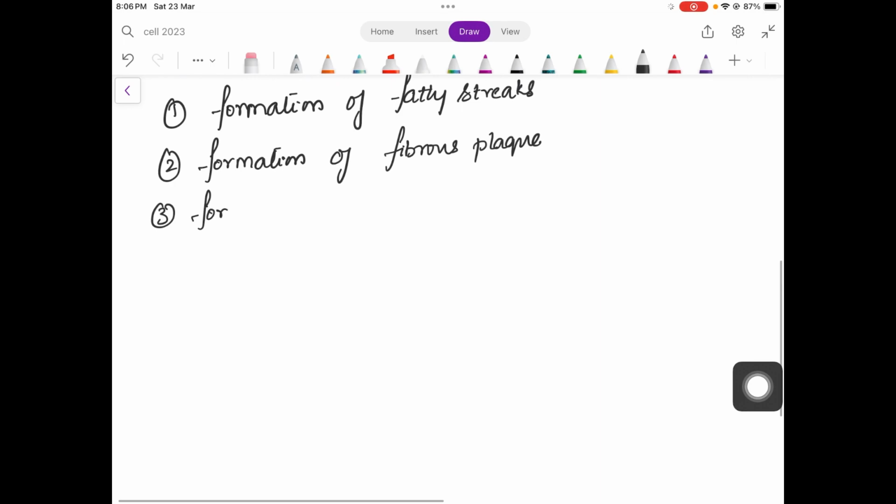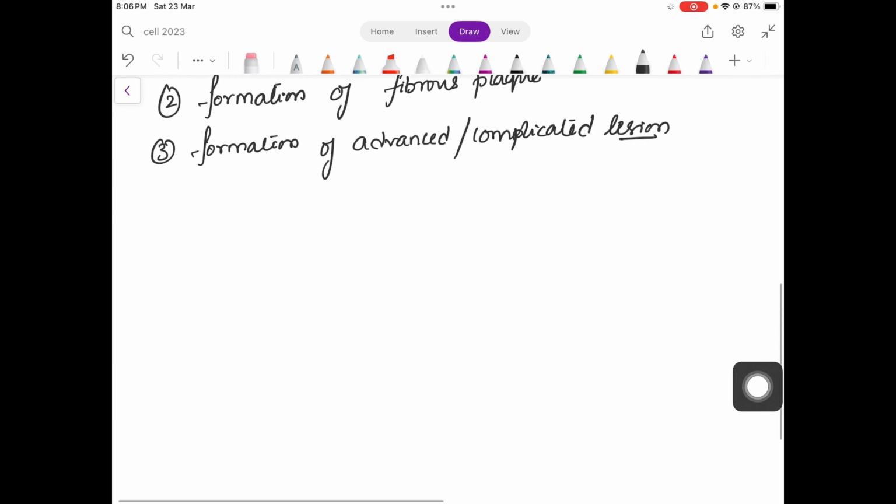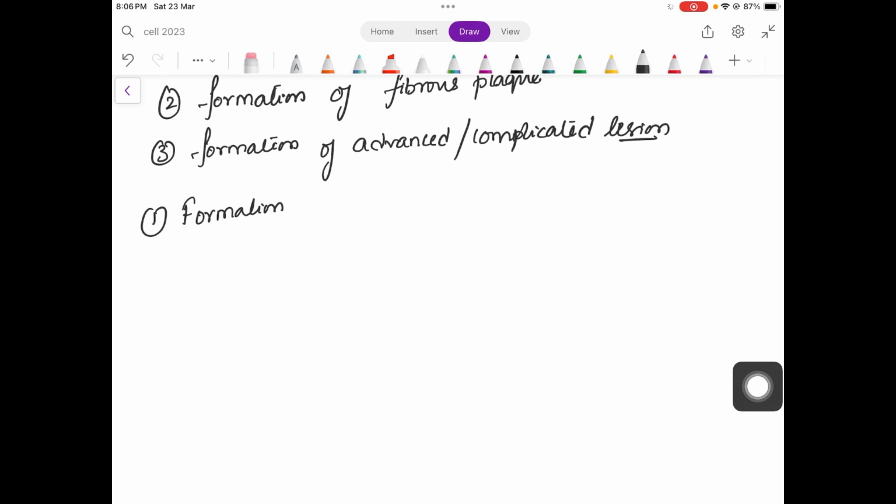Third one is formation of advanced or complicated lesion. Now we'll see each event. First one is formation of foam cells and fatty streaks.